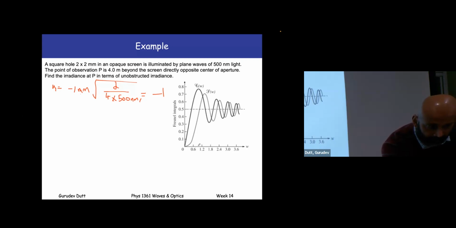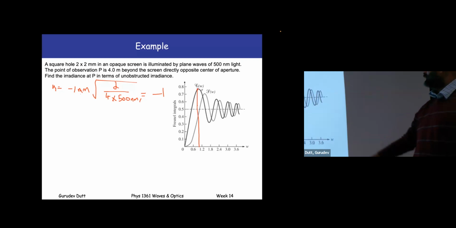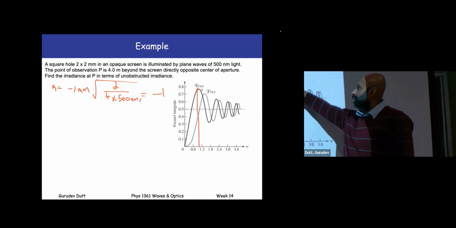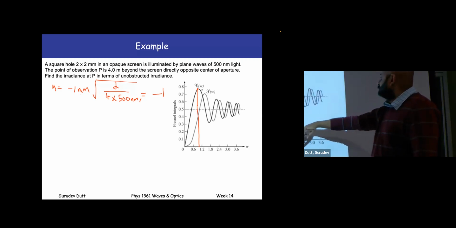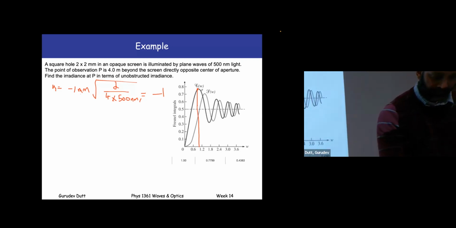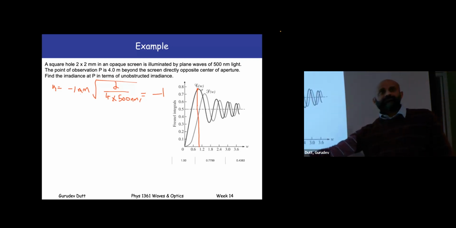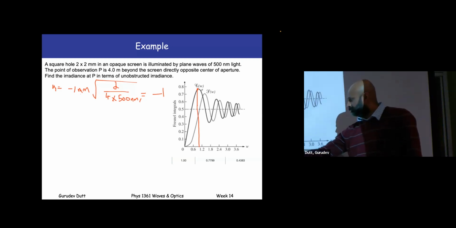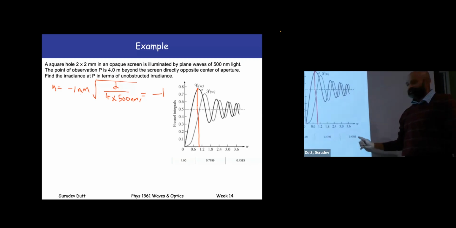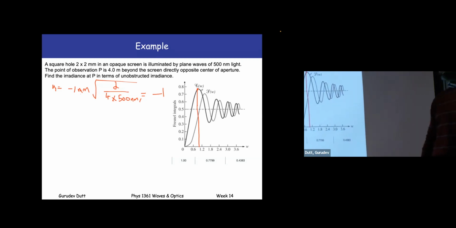So I could look at this graph, go up here, and I would expect that my value for the cosine integral is roughly 0.78 or something like that, and for the sine integral is almost 0.4. If you go look in the tables of the Fresnel integral, you find for the parameter value 1, the cosine integral is approximately 0.78, and the sine integral is 0.44. So roughly exactly what we see from this graph.